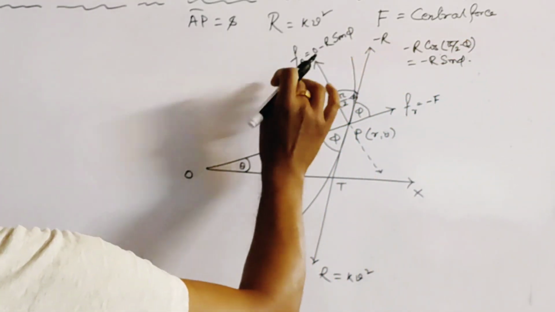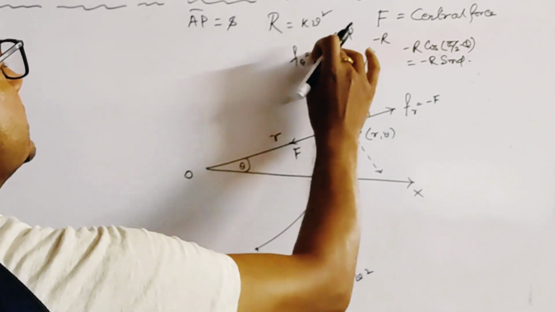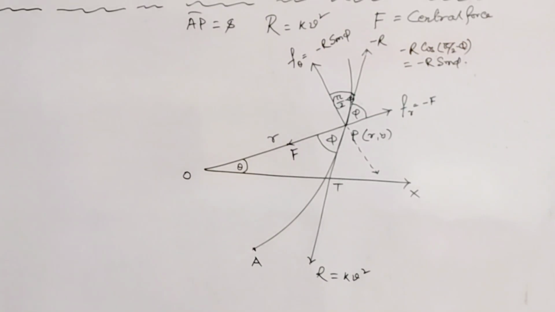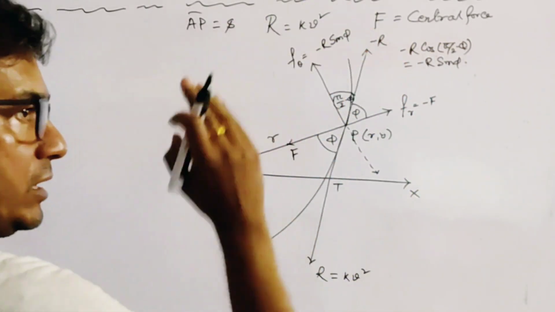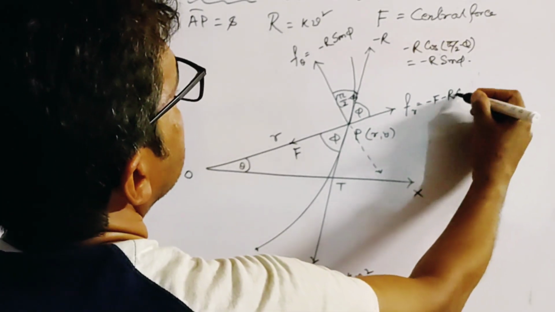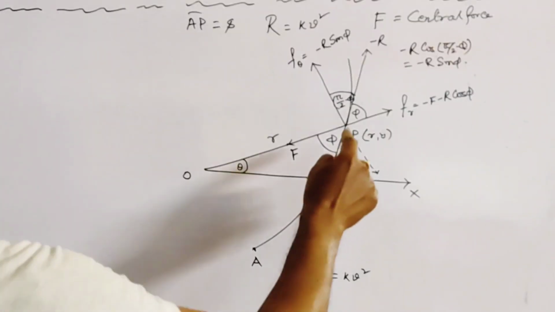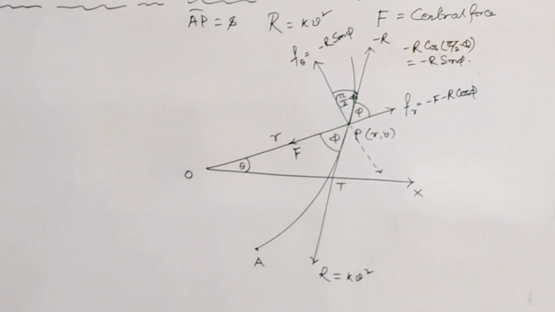The resultant acceleration along cross-radial is equal to 0 minus this, so minus R sin phi. The component of minus R along the radial is minus R cos phi, because this angle is phi. So the radial component is minus F minus R cos phi.